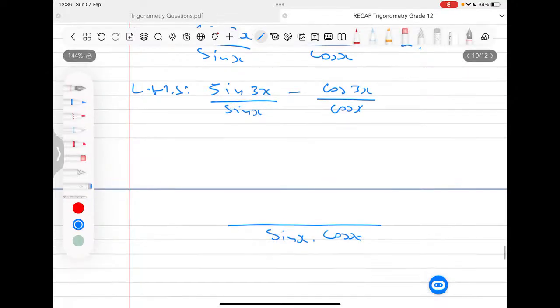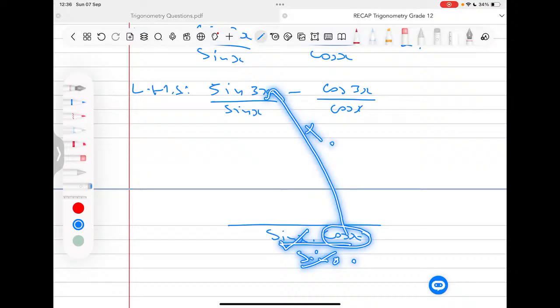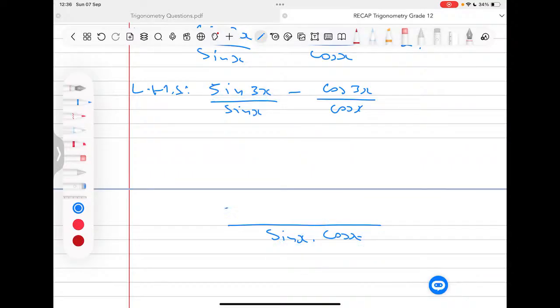So I'm dividing here by sine x. You can see that the sine x and the sine x will cancel each other. Then I take the cos x, and I multiply it with the number at the top, so now I'm going to have sine 3x times cos x.